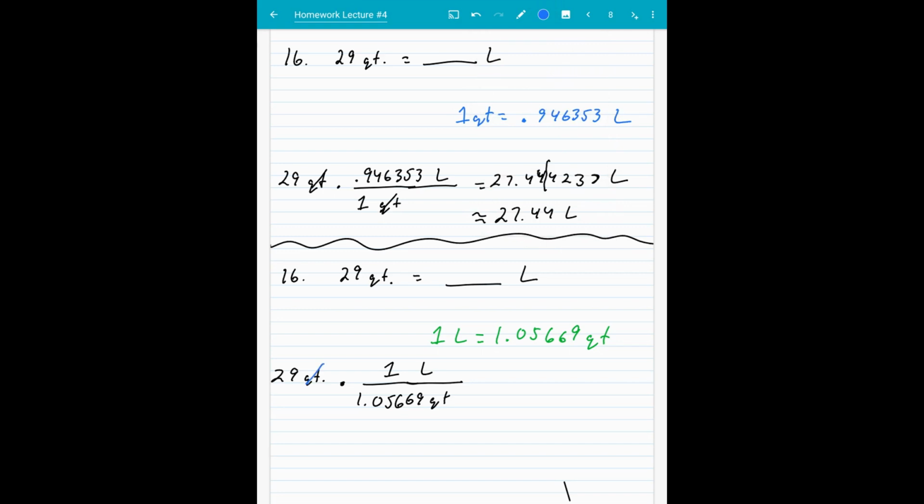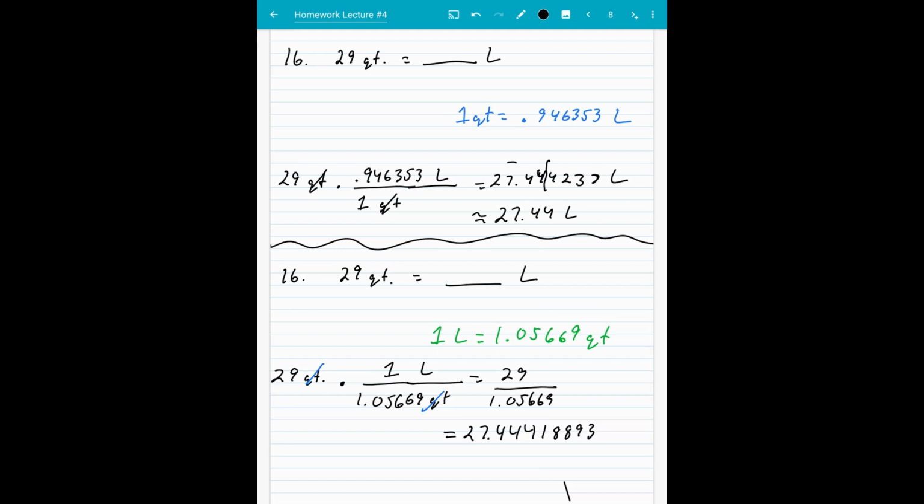Again, the quarts cancel out, but this time you're going to have to divide them out. 29 times 1 makes 29, and then that's just going to be 1.05669 anyway. We have to divide them out. 29 divided by 1.05669. Since we're dividing, the number I get is much larger looking. It's not, in essence, a larger number in terms of value, but it gives us a lot more numbers because when we divide, we usually get more numbers in the end.